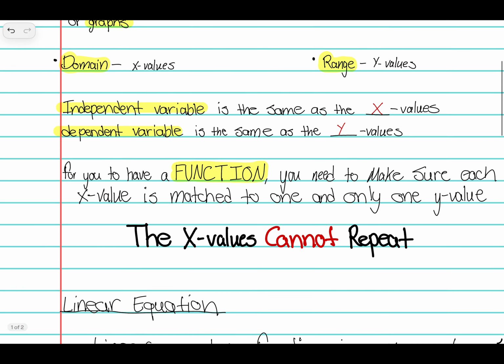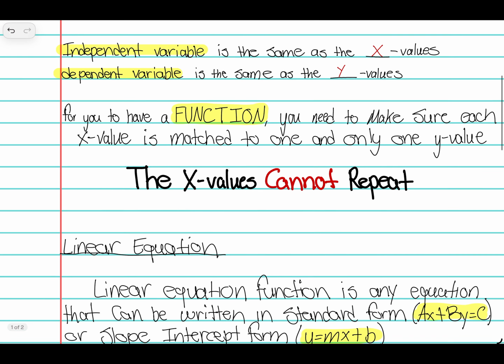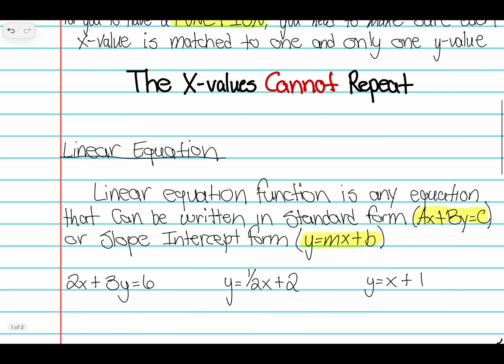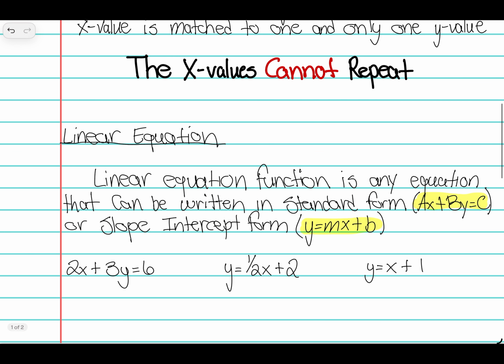Okay? Now, like I mentioned before, we're going to be using equations as well. So equations for us are going to be called linear equations. A linear equation function is an equation that can be written in standard form, which is ax plus by equals c, or slope-intercept form, which is y equals mx plus b. Now, looking at these three examples that I have, these are in standard form and slope-intercept form.